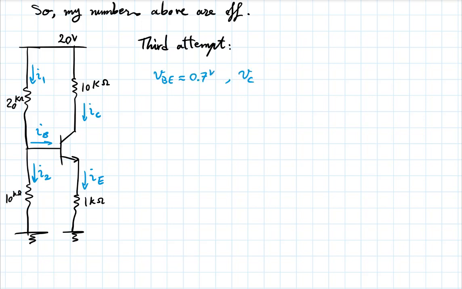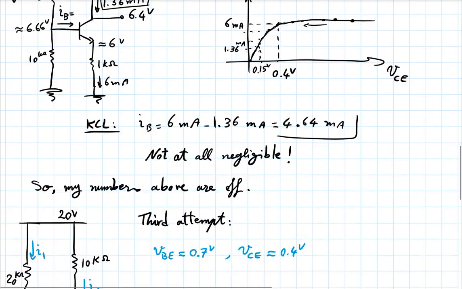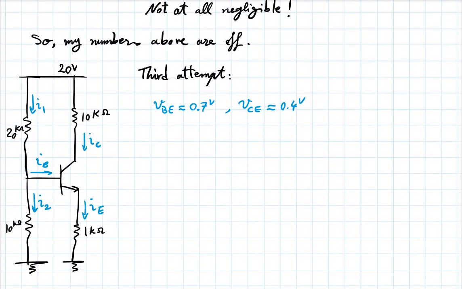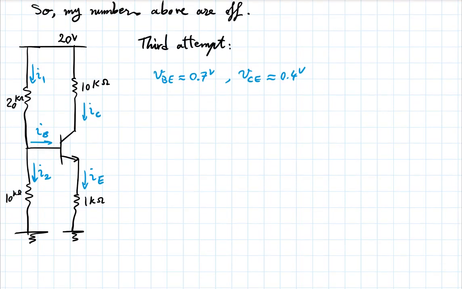My VCE is also approximately known, 0.4 volts, or you might say 0.3 volts or 0.2 volts, depending on where we are on that curve, right? But compared to that 20 volt difference, 0.1 or 0.2 volts more or less on that VCE does not make a big difference. Okay? Now, what are the things that I know?